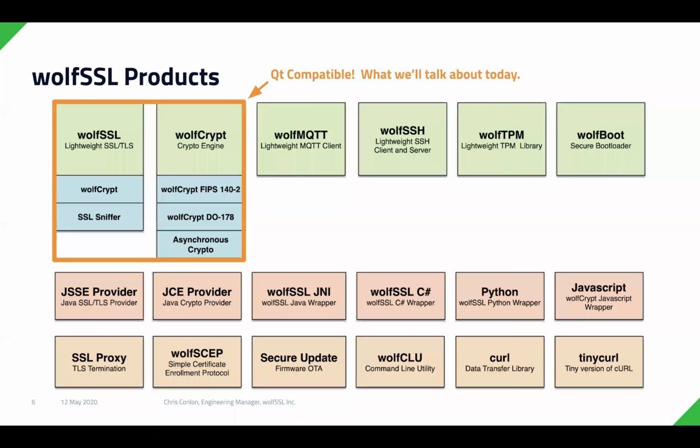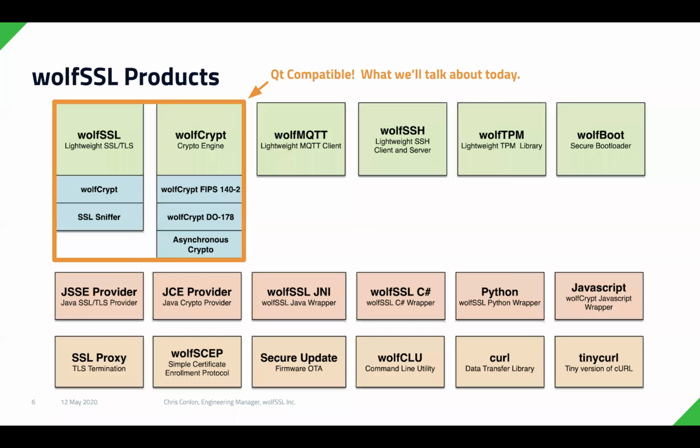This slide shows our current product lineup. That first row in green boxes, those are our primary products. Our main product is wolfSSL, an SSL and TLS library. Underneath that sits wolfCrypt, our cryptography library. We have a couple certified and validated versions of that for FIPS and DO-178.